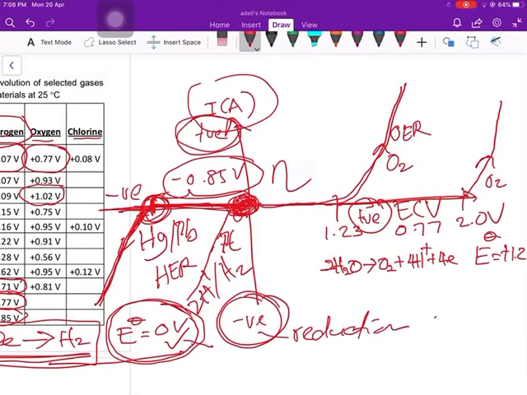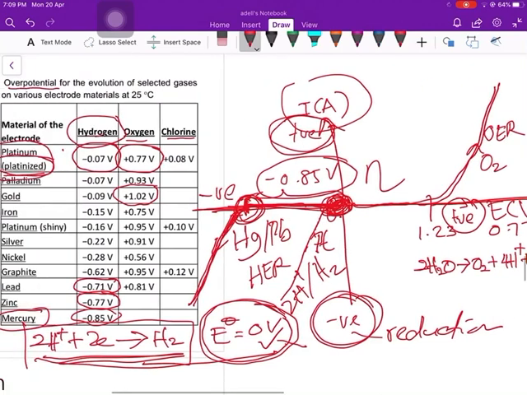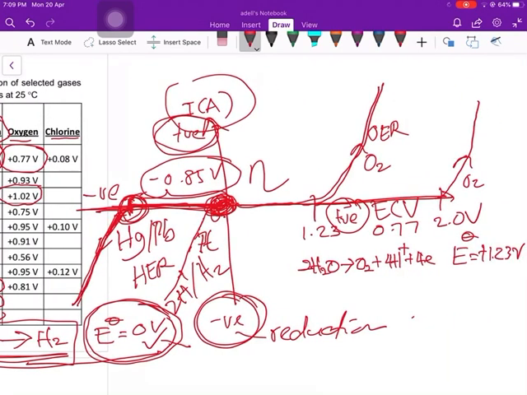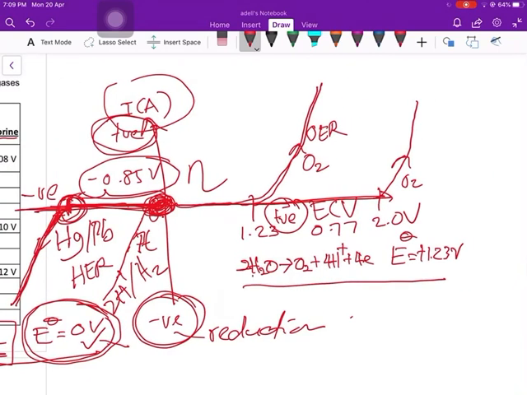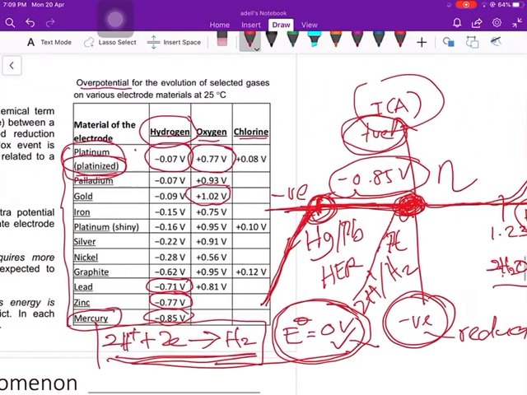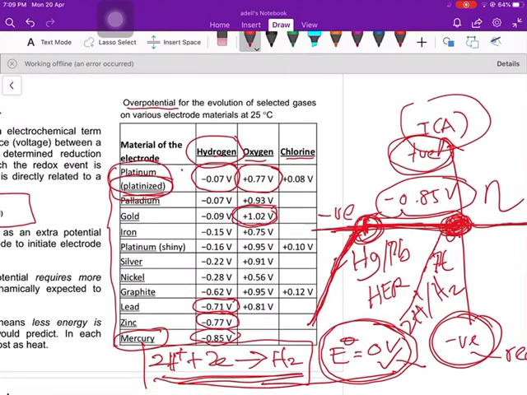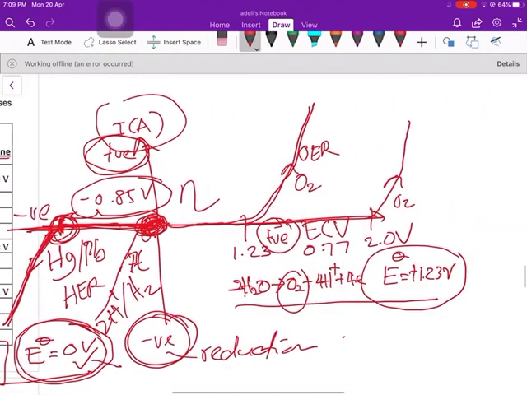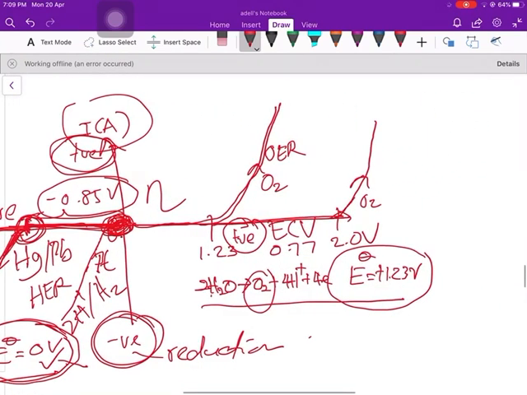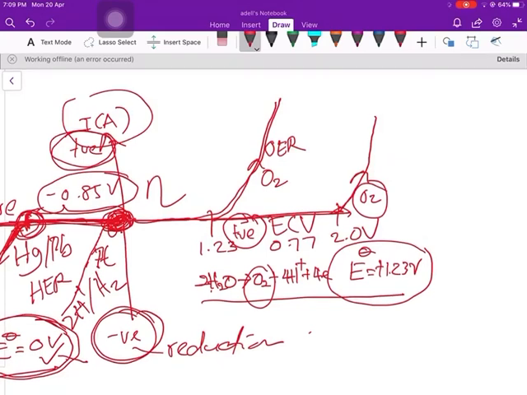For example, for the oxygen evolution reaction on the standard, this is the process: water will produce oxygen on a platinum surface. This is the standard, 1.23. But on gold, for example, if you change the anode to gold, the extra voltage required to form oxygen is a more positive potential.